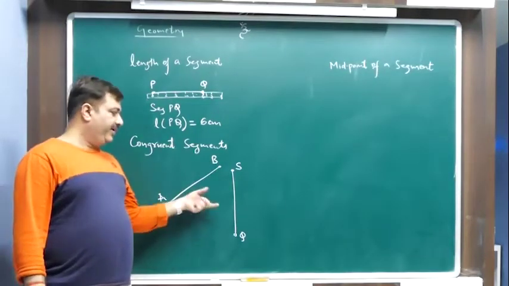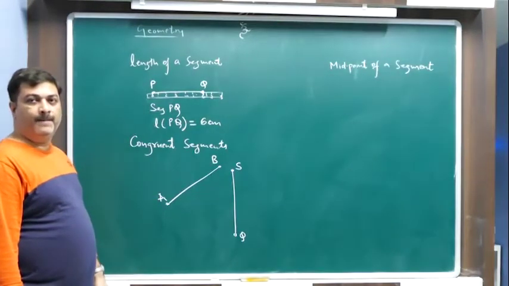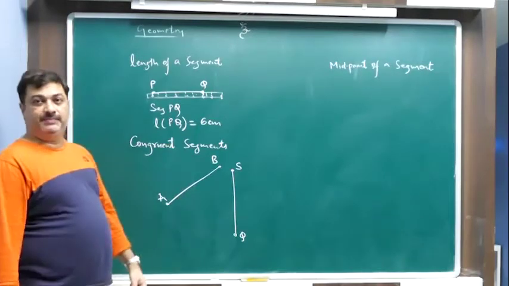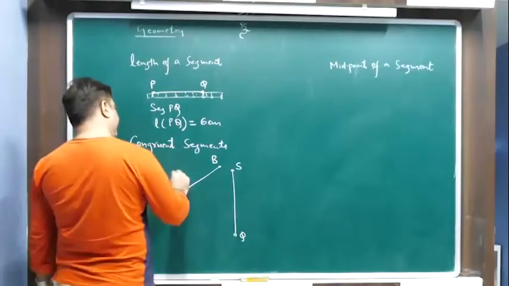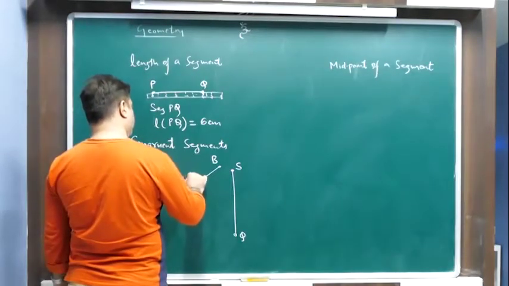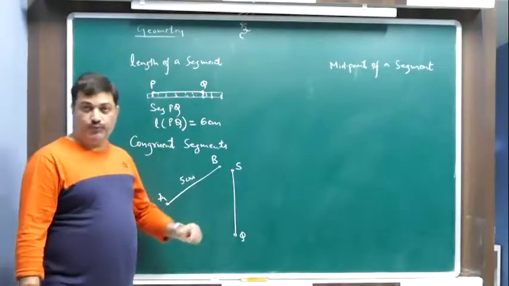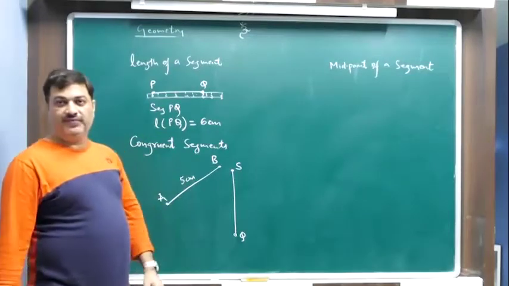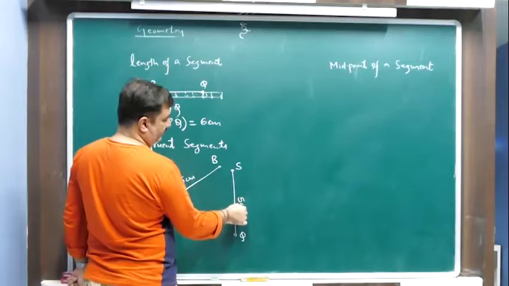So this is segment AB and this is segment SQ. Let us measure this. Keep a ruler, measure it the way you did for this. Supposing the length comes out to be 5 centimeter. Now you measured SQ. Took a ruler, kept the 0 at S, found out where Q lies, and you found this is also 5 centimeter.